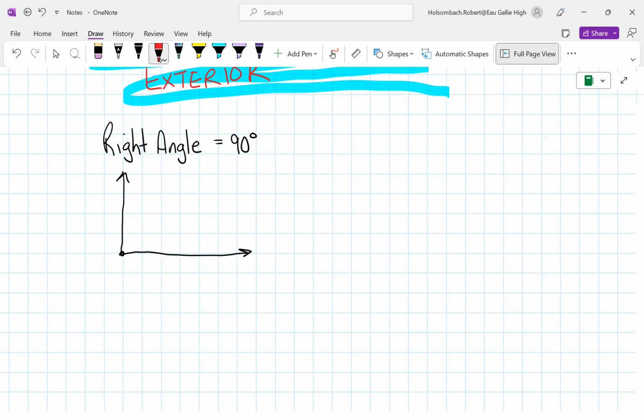And this little red half of a square that you see in the corner, or in the vertex of an angle, that symbol means 90 degrees. So any angle that has that half of a red box at the vertex means that it's a right angle and that angle measures 90 degrees.